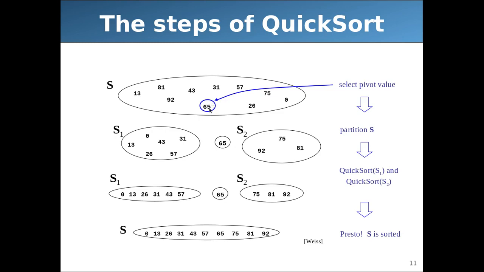Right? So if we choose our pivot to be 65, then we're going to partition things so that we keep our partitioning correct. Everything over here is less than it, everything over here is greater than it. And now 65 is sorted. Now we're going to sort S1 and S2, right? So now we pick a pivot in here, and we ensure that everything is on the right side.